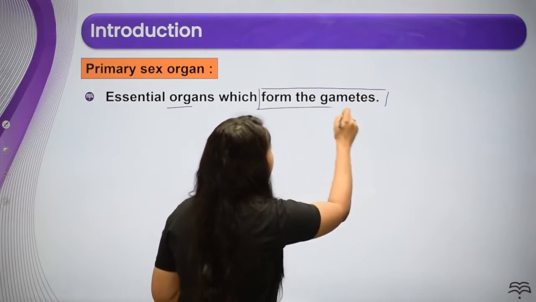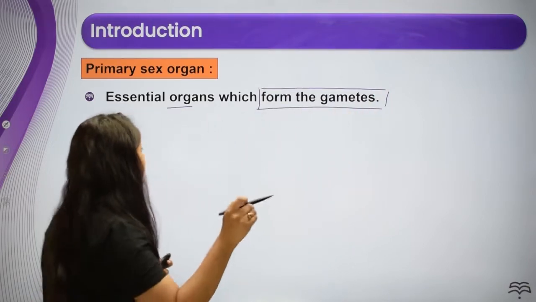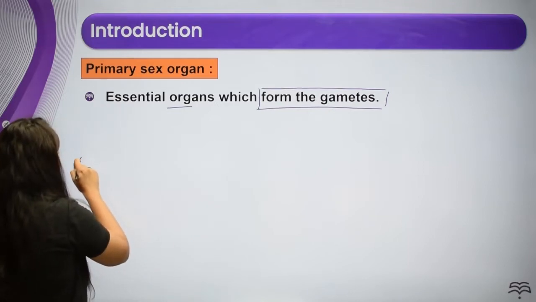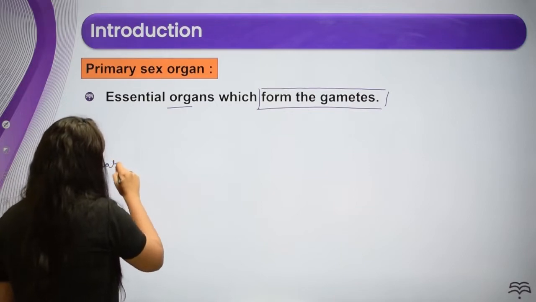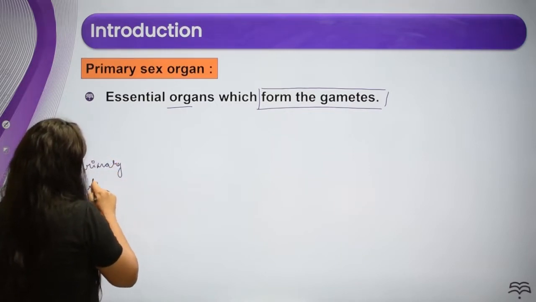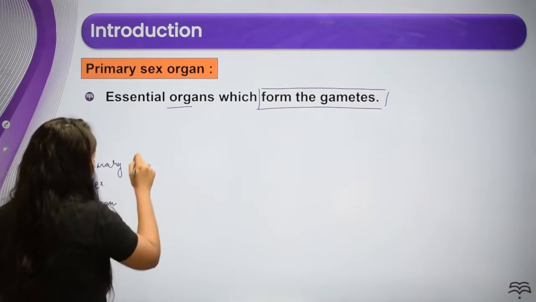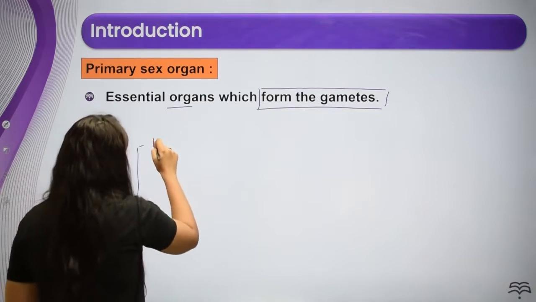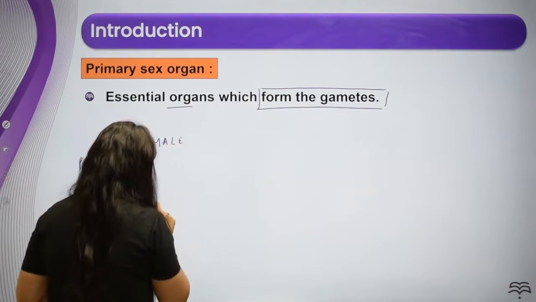Alright, here the gamete formation process is going to happen. So if we talk about the primary sex organs, the primary sex organs in case of male and in case of female.